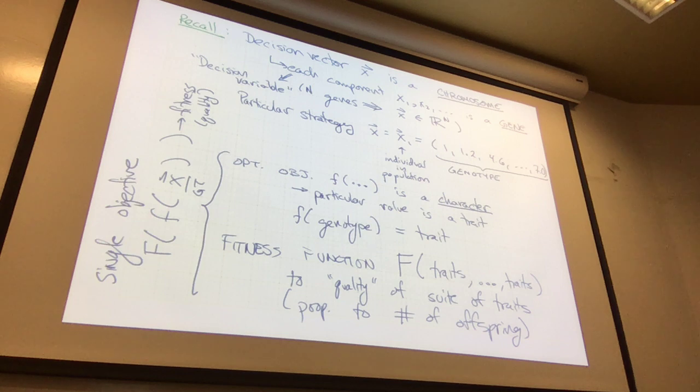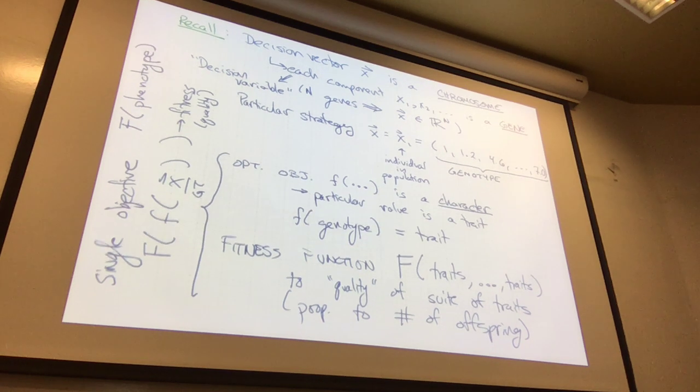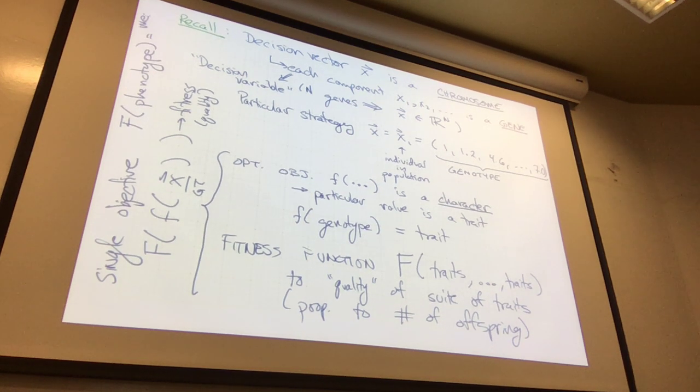I was just trying to understand the suite of traits part, it kind of escaped me. So what exactly is the fitness function? The fitness function F maps the phenotype to some measure of quality.